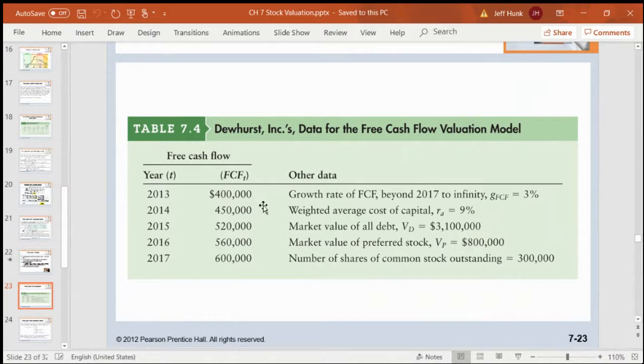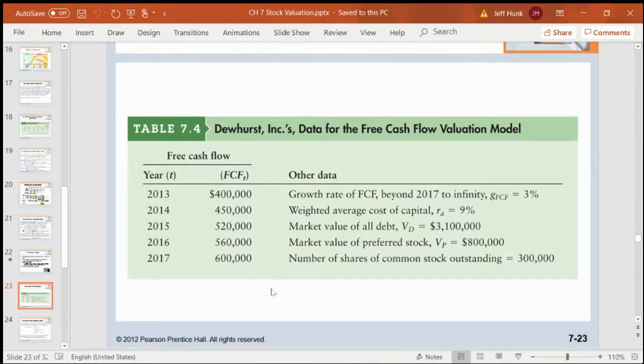And then, so there is no dividend data because this company isn't paying dividend. Other data, the growth rate of free cash flow beyond 2017 to infinity, growth rate of cash flow is 3%. That means, beyond 2017, what does that mean?